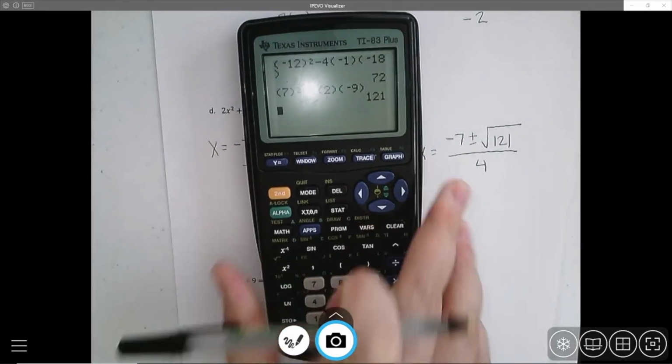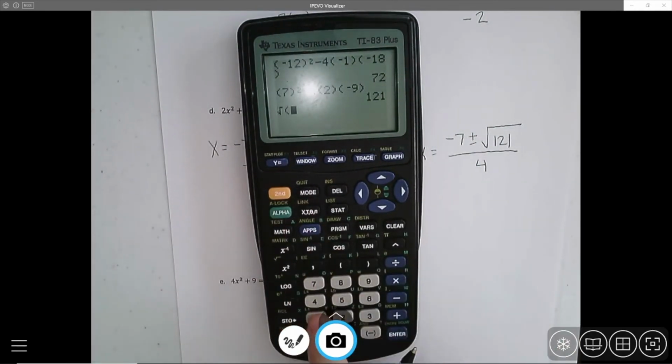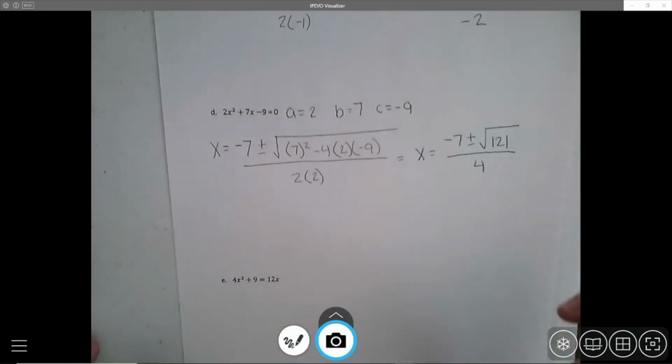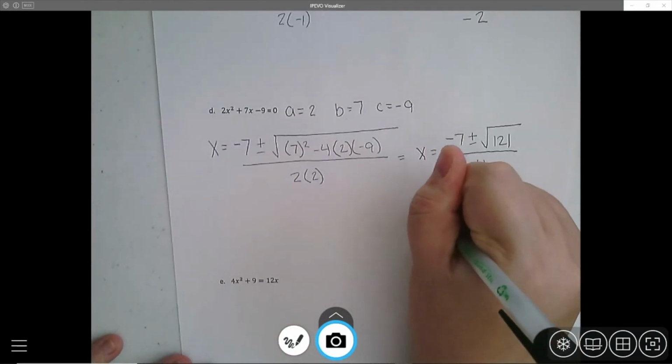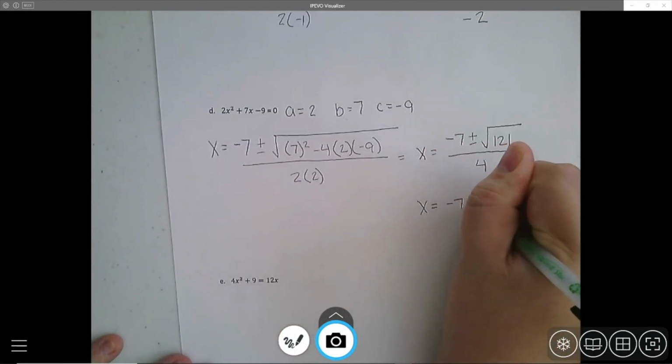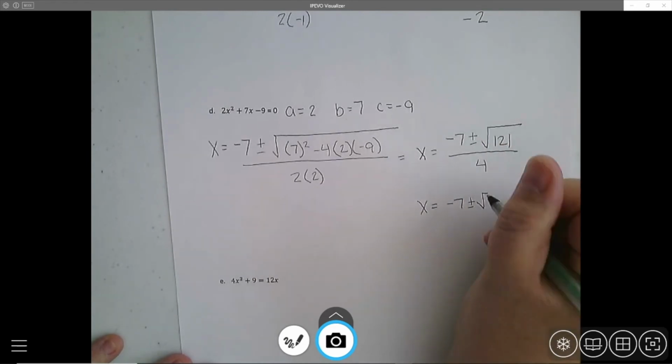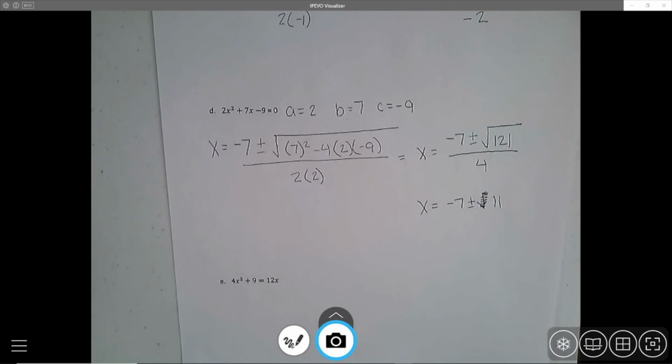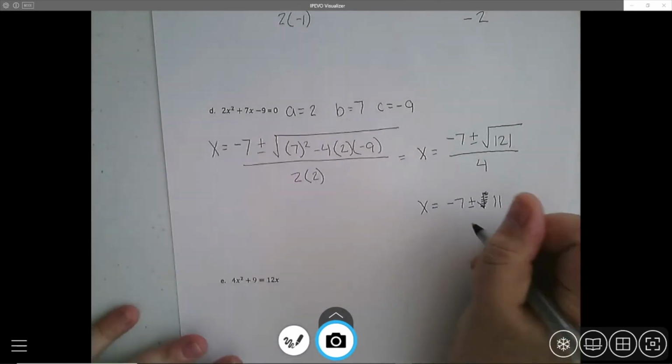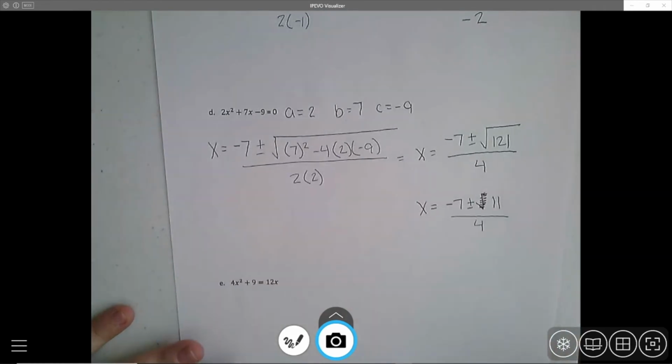Look here: the square root of 121 is 11. This one is a perfect square, the first one that is a perfect square. So I don't need the square root now. Once you take the square root, do away with the symbol. All over 4.